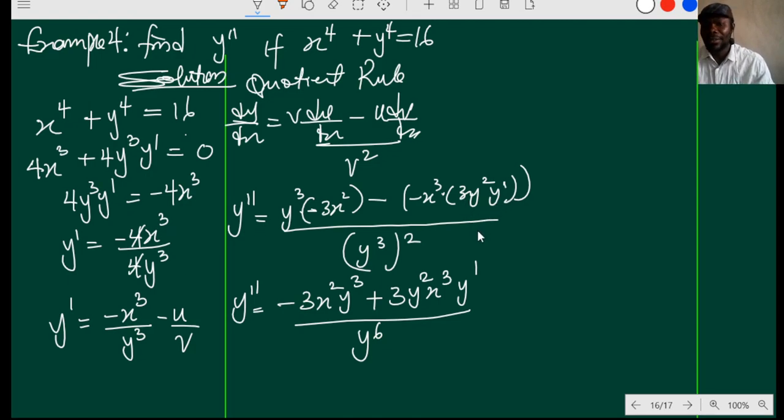But recall, we want to try to do some analysis. Recall something in this analysis, that our y1 is a term already. We have been given our y1 to be minus x cubed over y cubed. And recall that our y1 appears in the y2. So let's try to do something here.